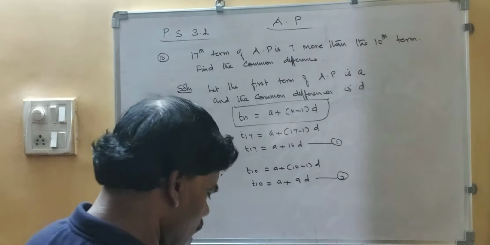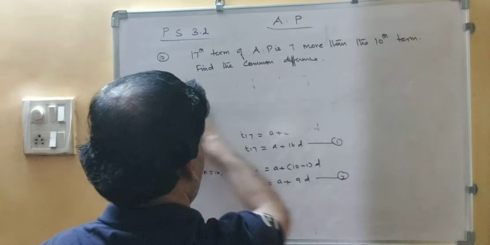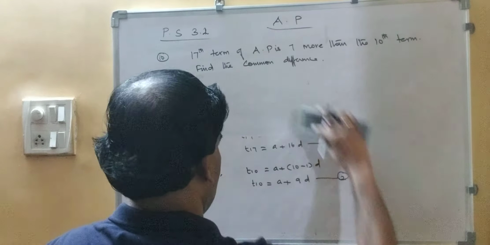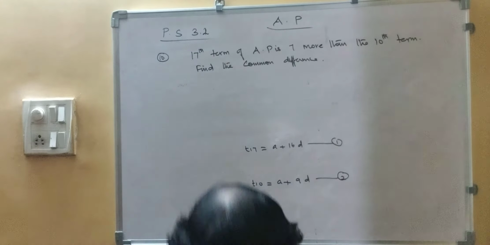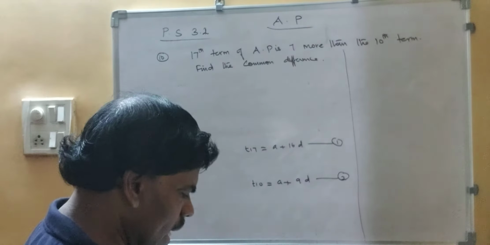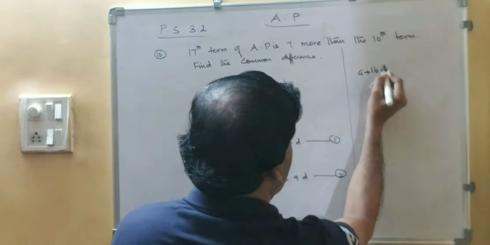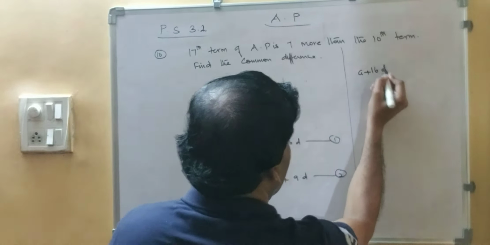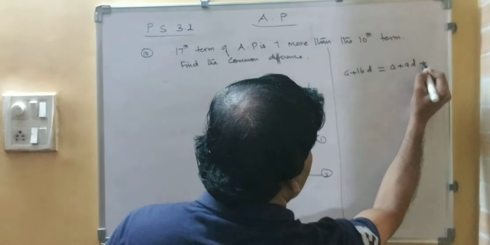Now what does the condition say? A plus 16D, that means the 17th term, is equal to the 10th term plus 7.